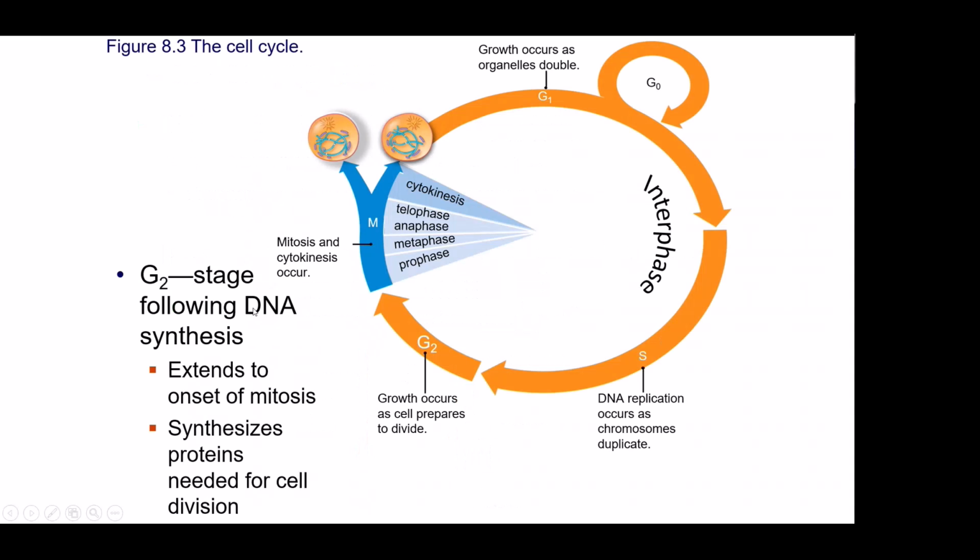All right. Finally, the G2 stage before getting into mitosis. It synthesizes the proteins, everything you need to go into this process, into this cycle, and that then sends it into the process of mitosis itself.